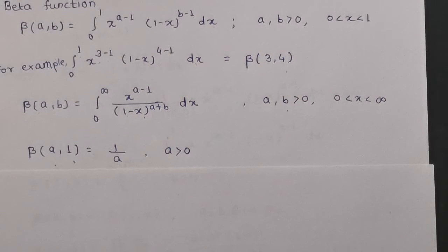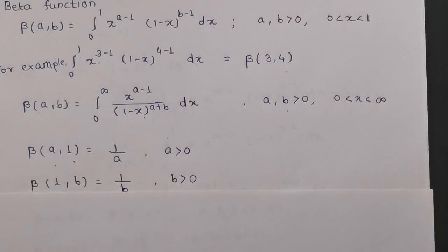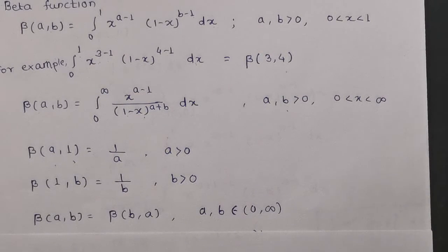In the same way, if I fix a equal to 1 and b is any value, we get beta(1,b) equal to 1 upon b, where b is greater than 0. Another property of beta function is symmetry. That means beta(a,b) is equal to beta(b,a), where a and b are strictly greater than 0. This is the symmetry property of beta function.